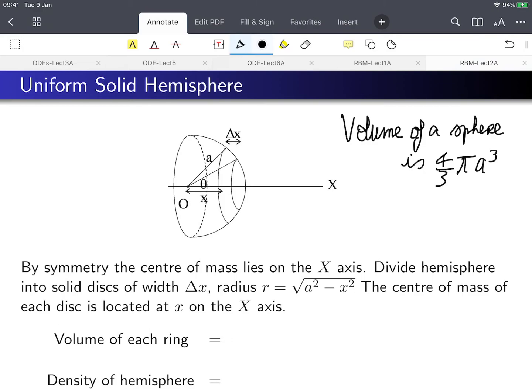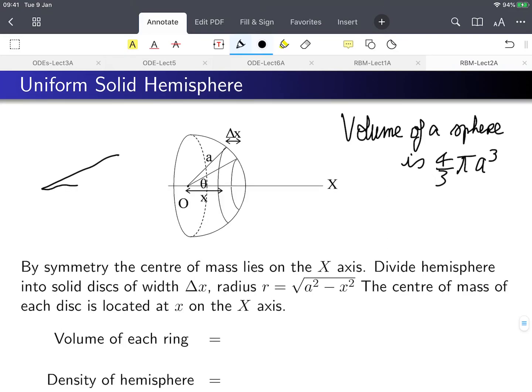And then, what did I write? The width is delta x. Right, so I know that for each solid disk, the center of mass of each disk is here at the center of the disk. I'm going to call x its position.